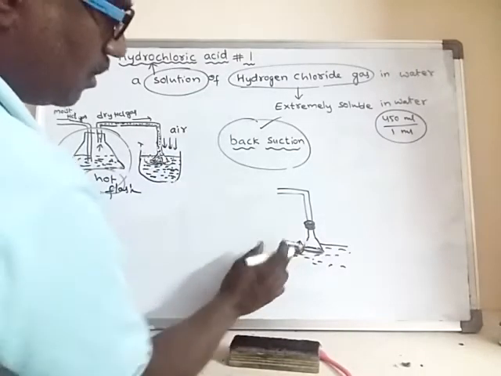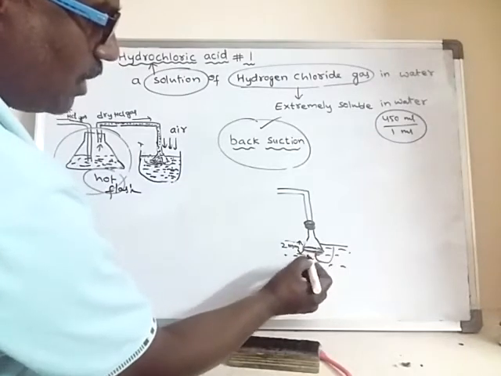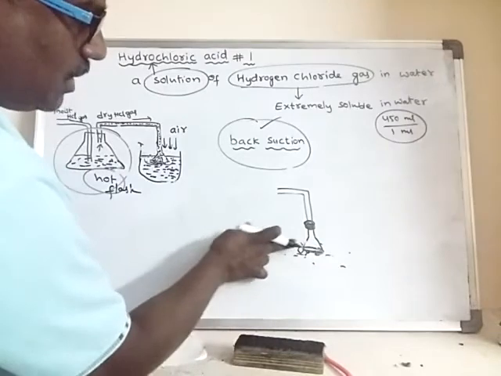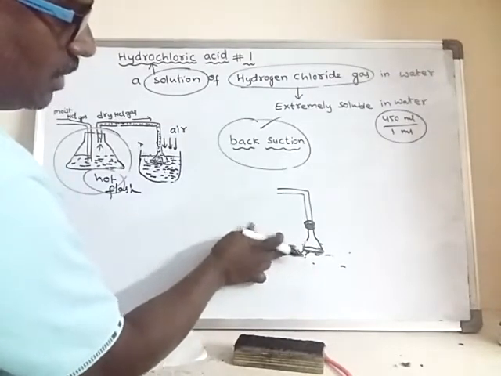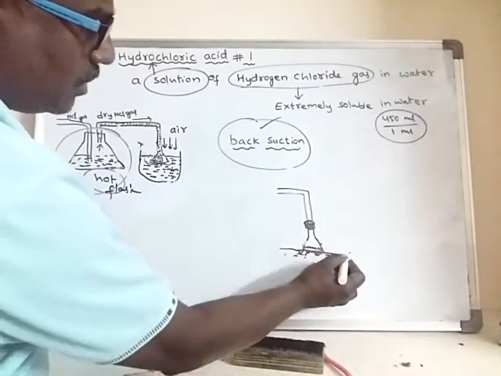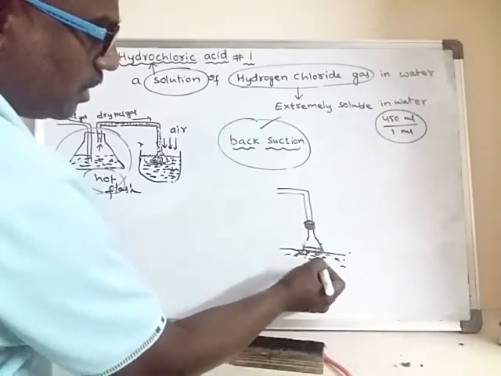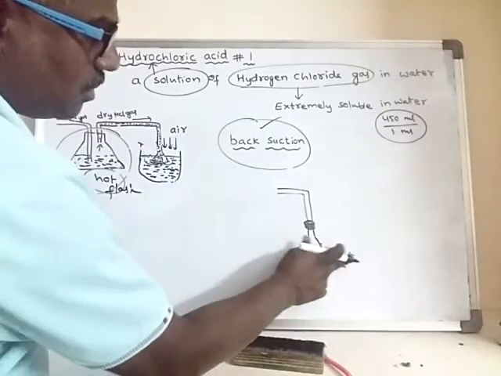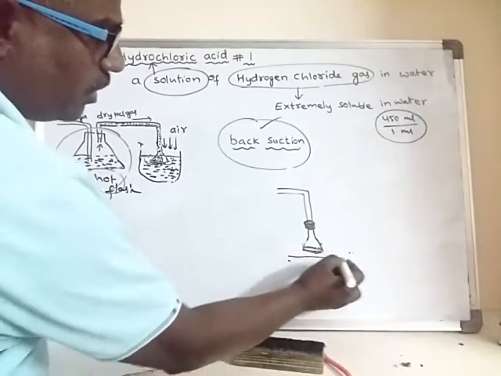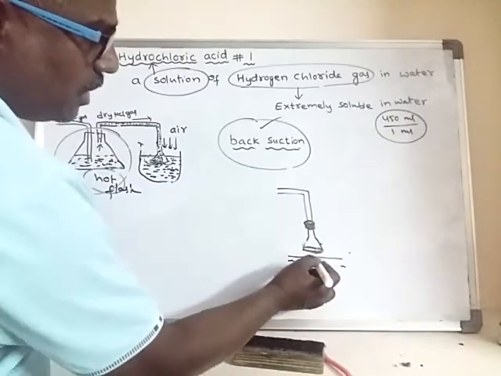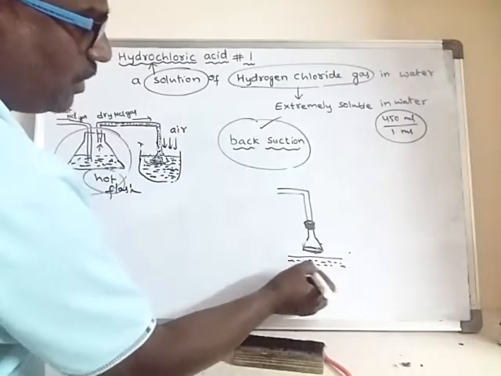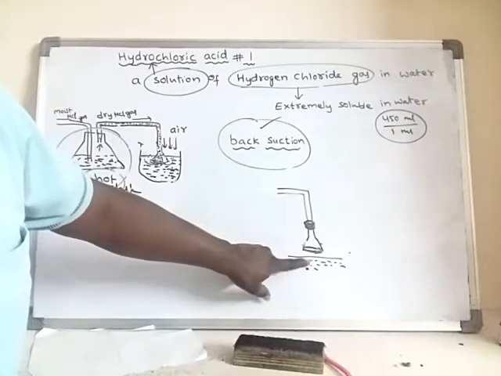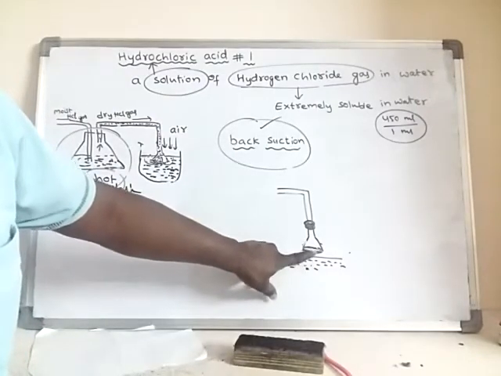As the water is running into the flask, gradually the level of water will decrease, and after some time there will be an air gap between the level of water and the funnel.